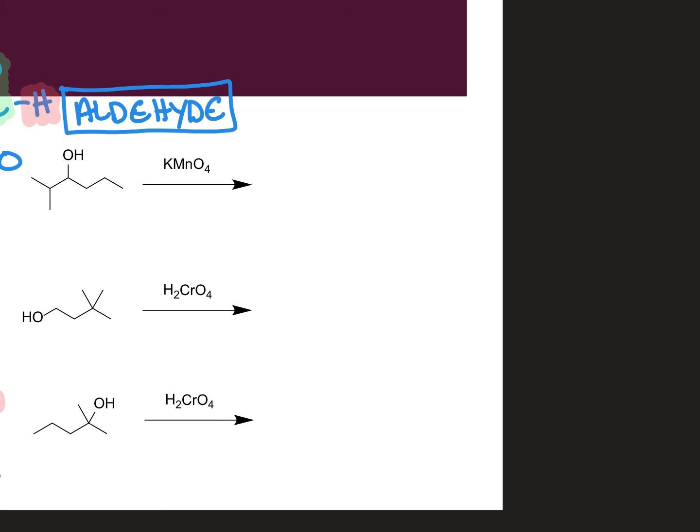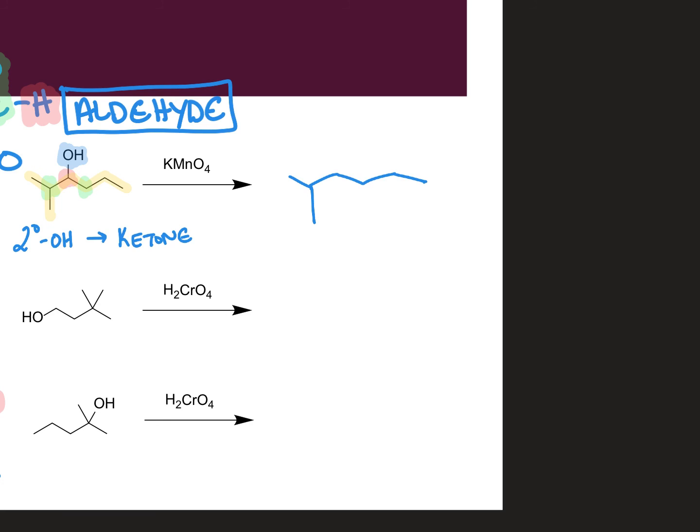So first we need to decide primary, secondary, and tertiary. So I have my OH group. I need to look at the carbon it's attached to, and I see it's attached to 2 other carbons. So this is going to be a secondary alcohol, and I know secondary alcohols will become ketones. What I'm going to do with line angle, my thought process is I'm going to keep all of the carbons just as they are.